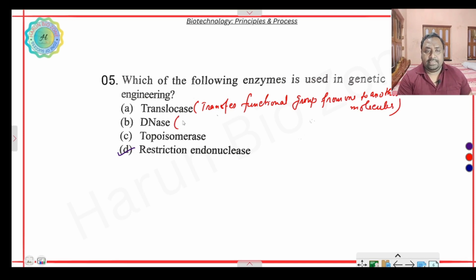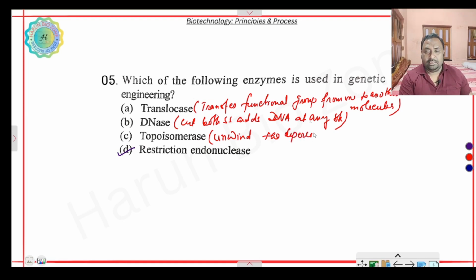DNase cuts both single strand and double strand DNA at any site. Topoisomerase unwinds the supercoiled DNA.